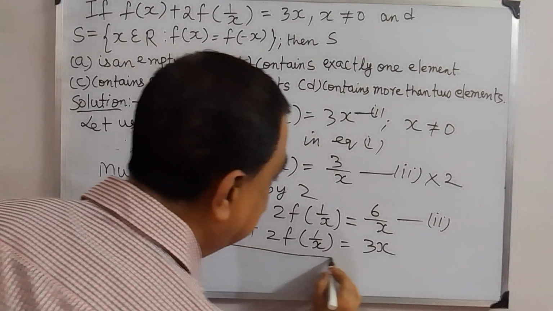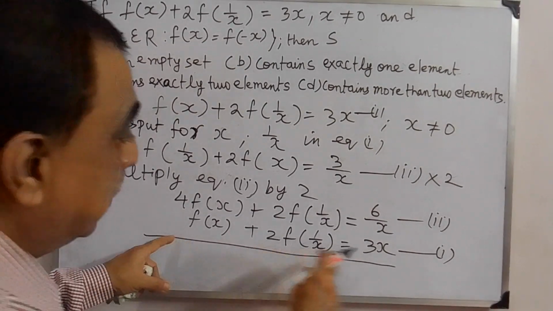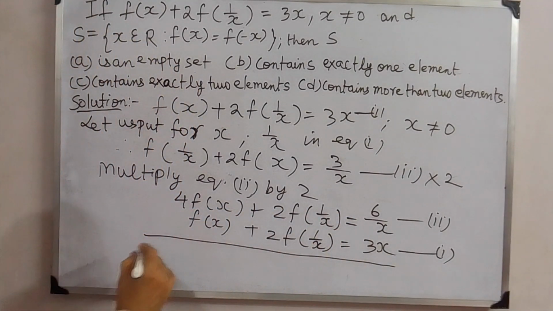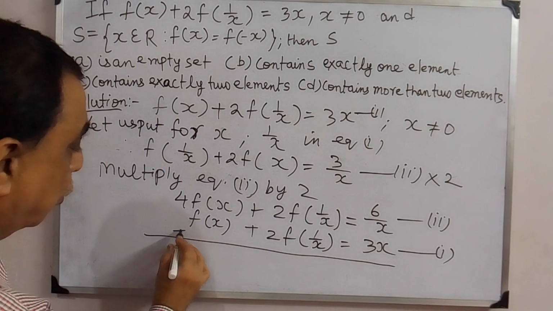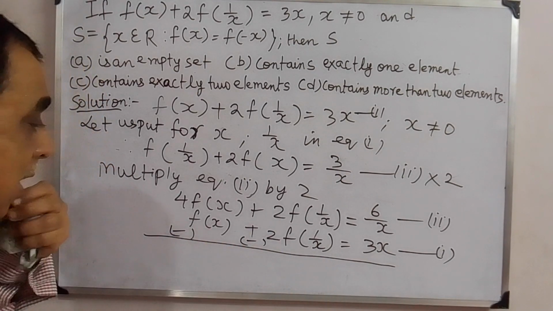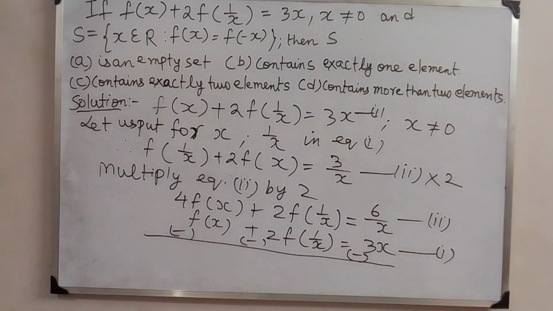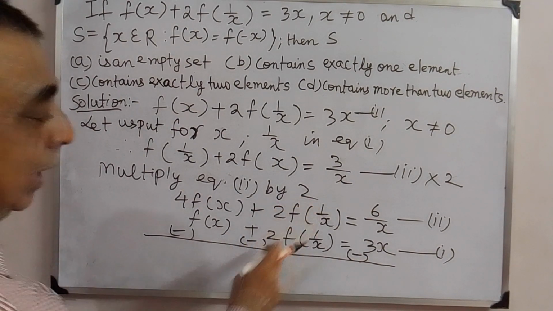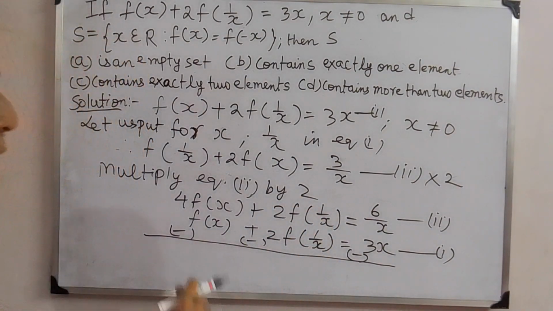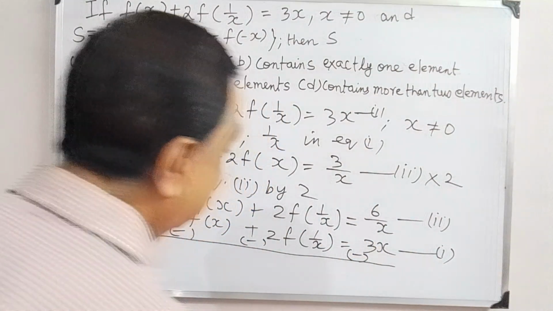Now I am subtracting the first equation from the second equation. When I subtract, I change the sign of all the terms in the lower equation, so all plus has been changed to minus. Why? Because I want to eliminate f(1/x) from these two and get a relation between f(x) and x.